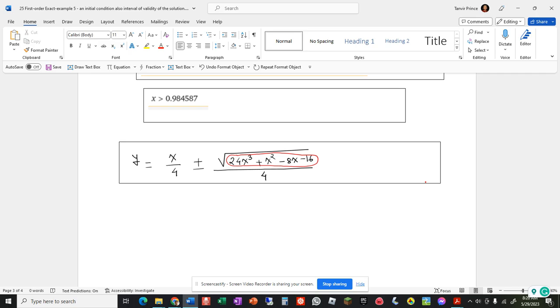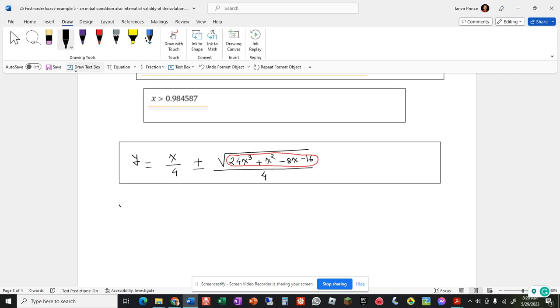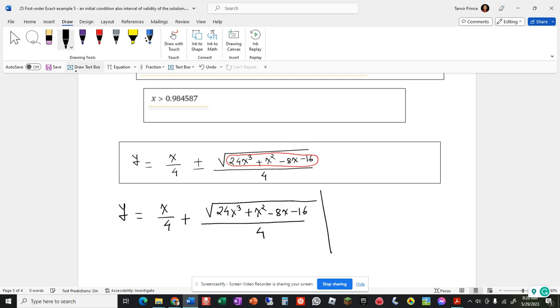We can have y equal to x over 4 plus this, or I can have this.